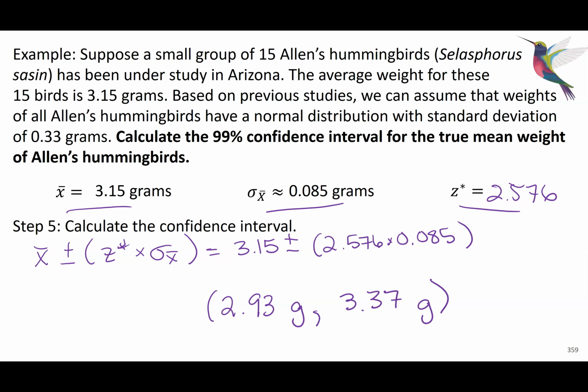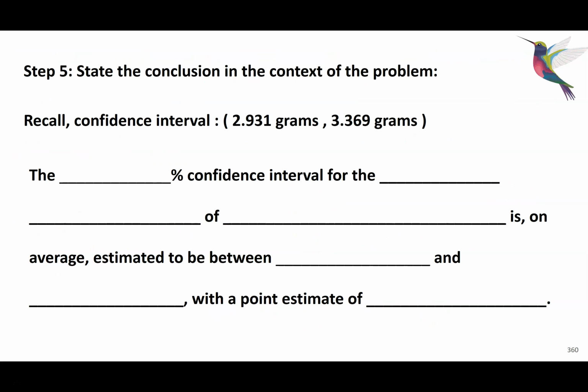So now we need to write this up. Oh, it filled it in for me. Okay, so here there's more decimals there. So the 99% confidence interval, definitely the easiest part to fill in.